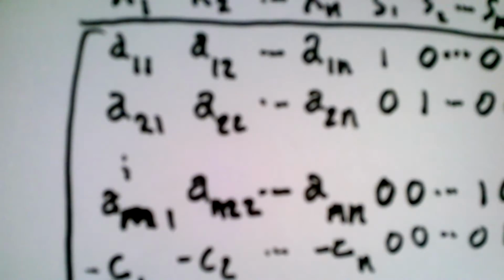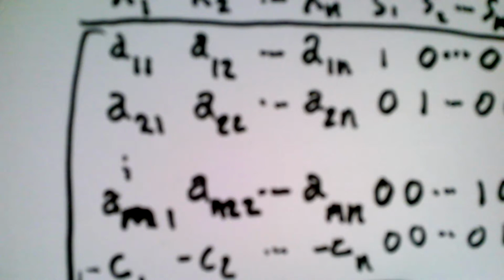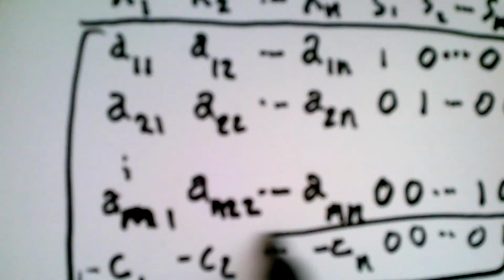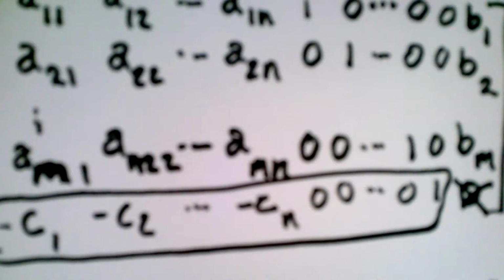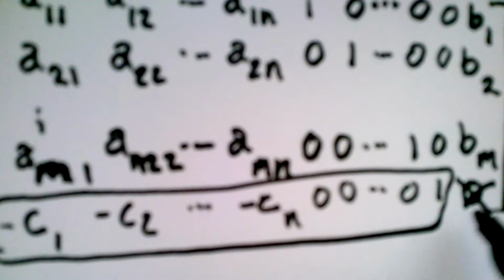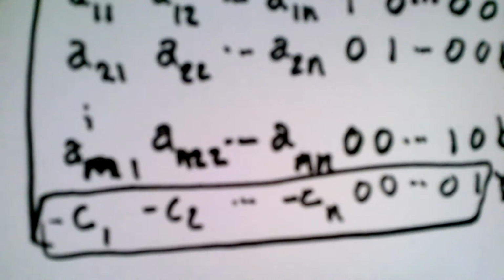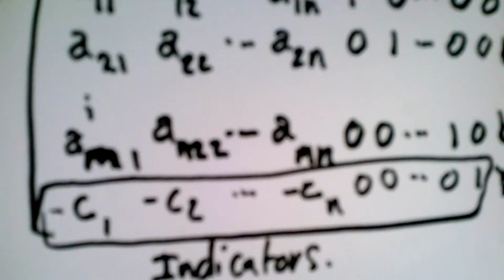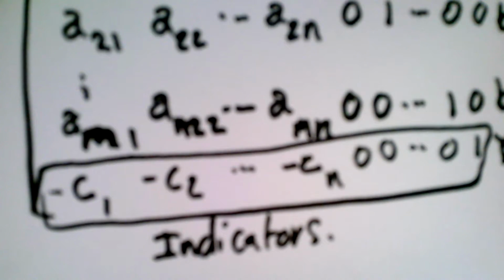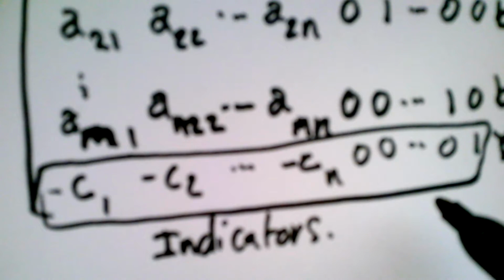Okay, so going back to our general matrix for a moment. These entries here in this rectangle, so all but this one at the end, that one doesn't count. This entry at the very end of the row doesn't count. All of the other bottom entries are called indicators. So the first step is we need to figure out which indicator is the most negative indicator.